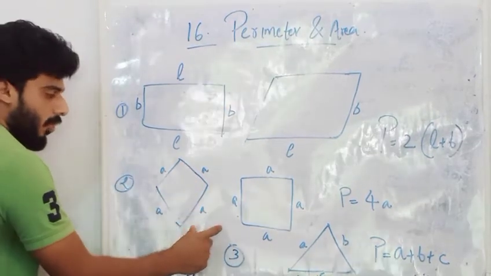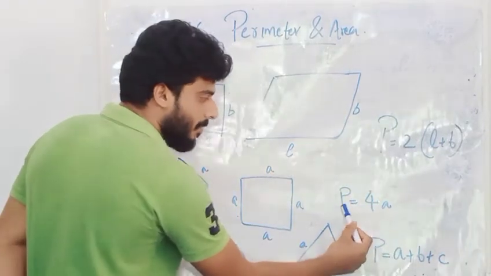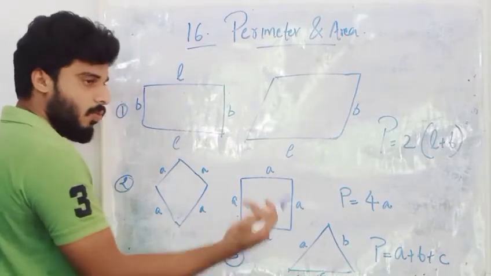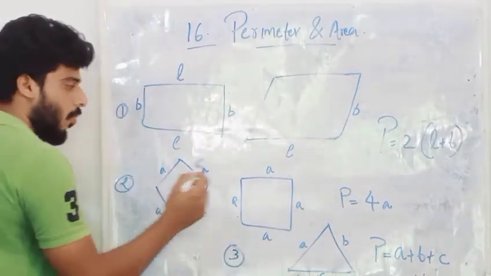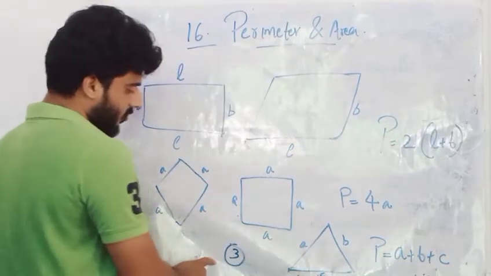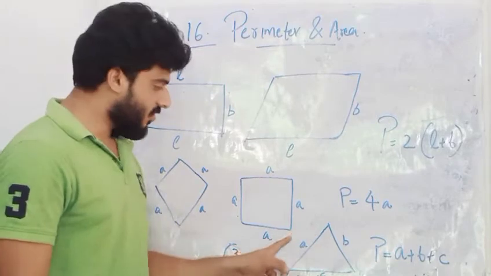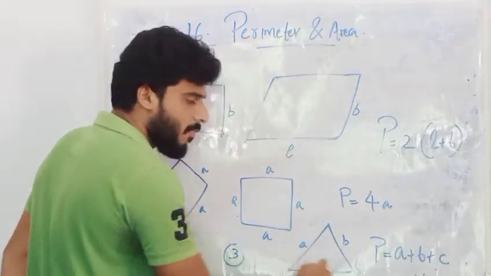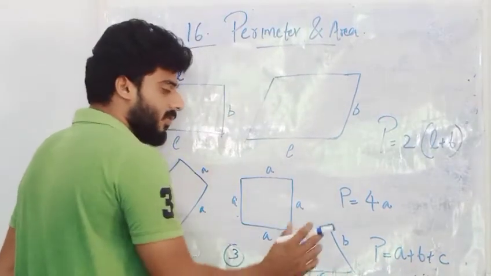So for a rhombus and a square, the perimeter P is equal to 4 into A, where A means any one side. And a triangle has 3 sides, A, B and C. The perimeter is the sum of the 3 sides, A plus B plus C.